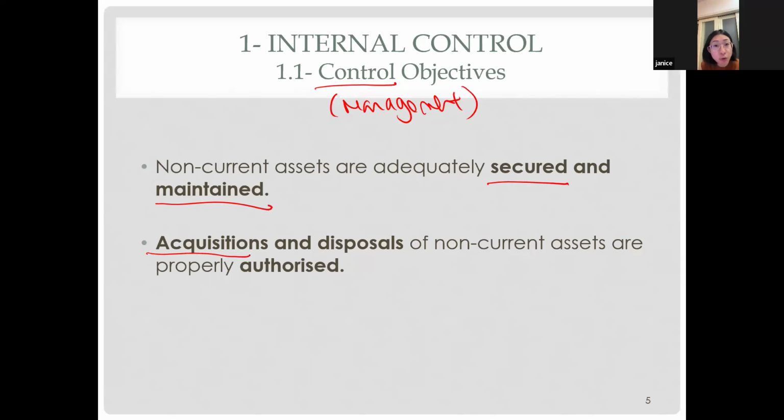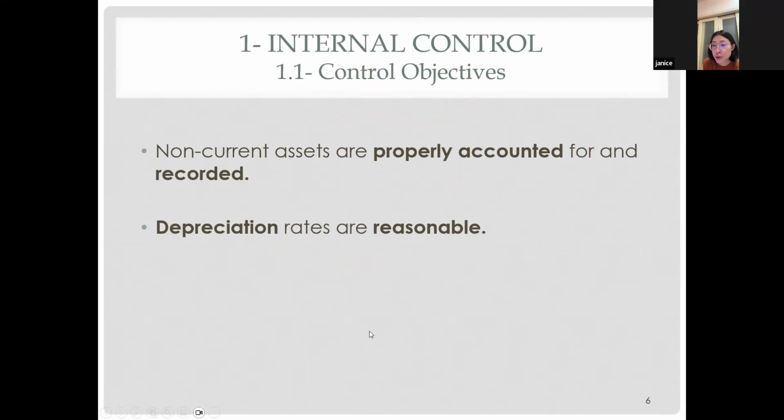All acquisitions, all new purchases and disposals have to be properly authorized. We need to ensure that all non-current assets are properly recorded, and we need to ensure that all the depreciation rates are reasonable, right? So those were the objectives we learned about.